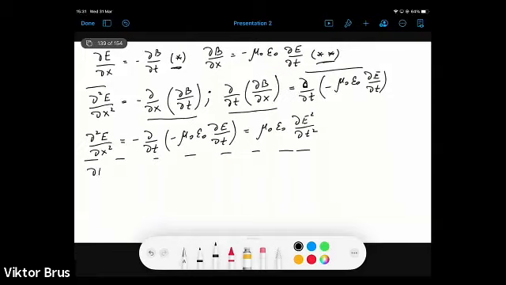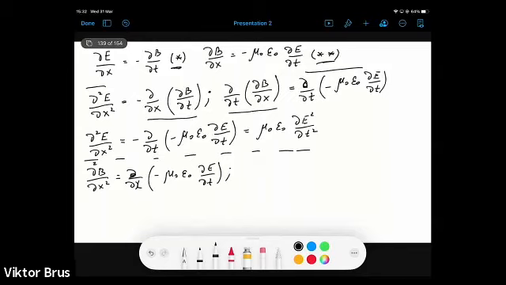We'll have d squared B over dx squared equal to d over dx of minus mu naught epsilon naught dE over dt.